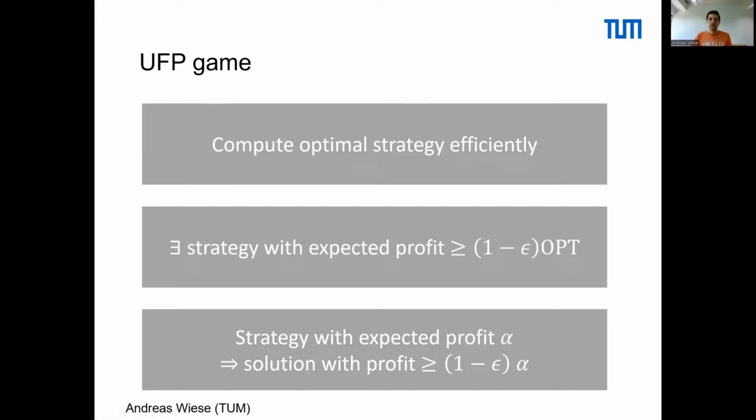I would know upfront that the expected profit of the strategy is essentially opt, because there exists a strategy that is that good, and my strategy is the best strategy. And then I could take this computed strategy and apply this routine on the bottom, and transform it into an actual solution for my given instance whose profit is again essentially the same as opt. Okay, so let's look at these steps one by one. Let's start with the first one.